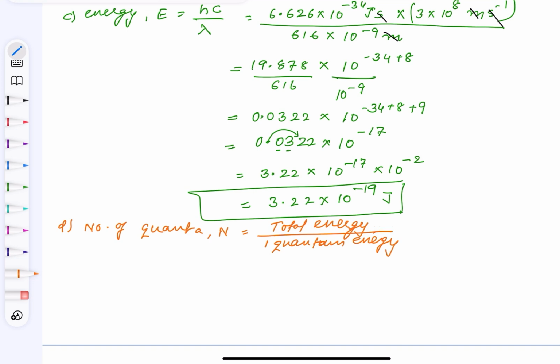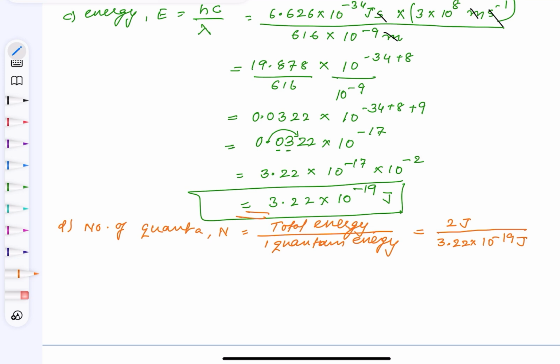Okay, 1 quantum energy you have just now found out, and the total energy which is given to you in the question is 2 joules. So you write 2 joules divided by the energy of 1 quanta which we have just now found out, 3.22 into 10 to the power of minus 19 joules.